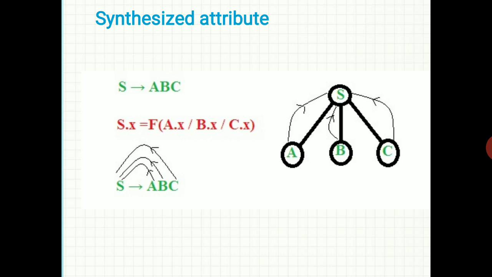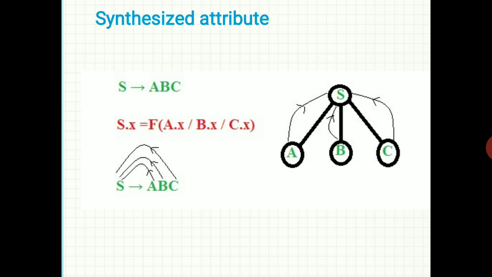Synthesis attributes represent information that is being passed up the parse tree. That is, the values of A, B, C are passed to the upside of the parse tree, that is, passed to S. And the synthesis attribute can take values only from its child nodes, or we can say it takes values from the right hand side of the production.